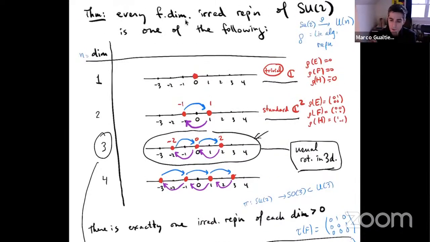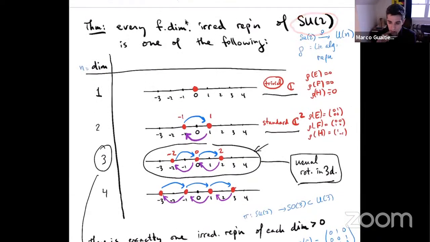So we have this group SU2, and when we want to study its representations, the strategy, maybe I didn't explicitly state it, but this is what the strategy was.